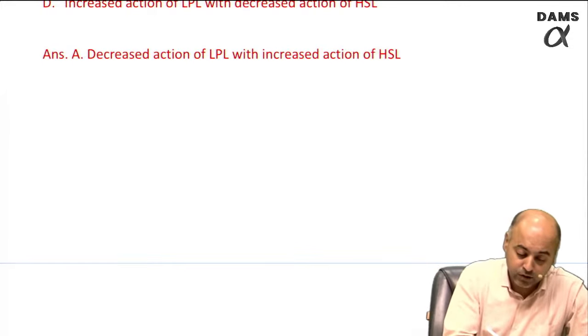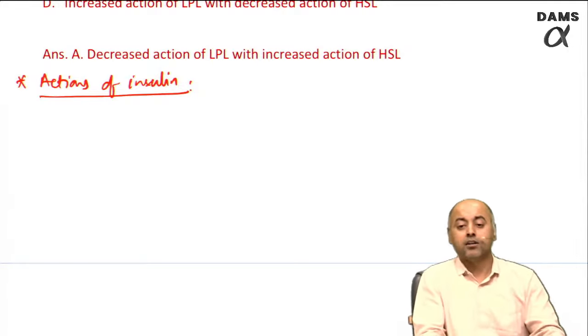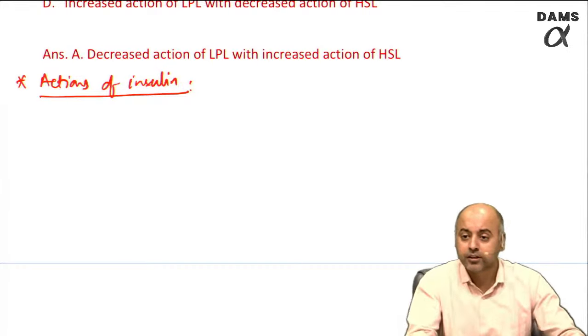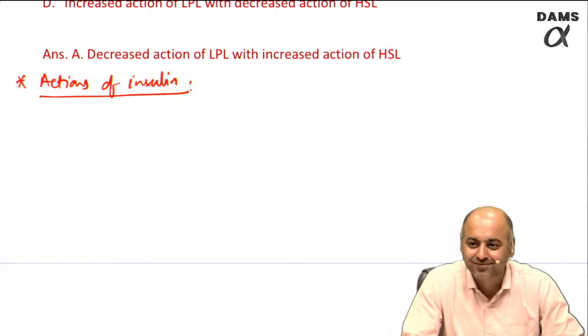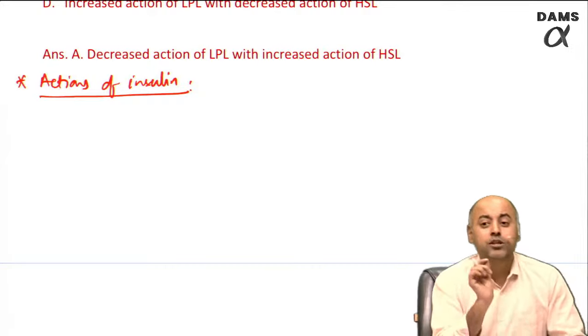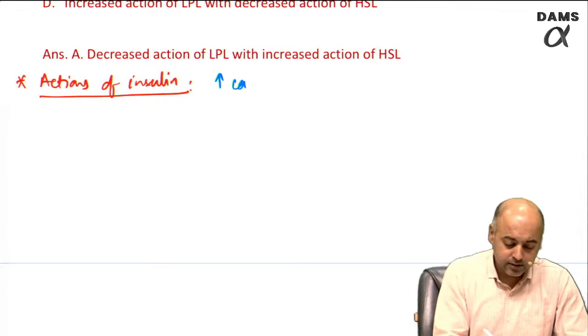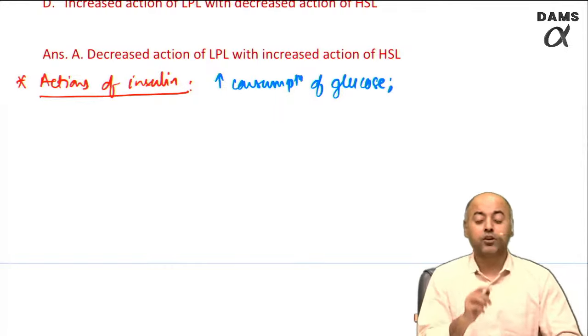So here I would like you to note the actions of insulin. In actions of insulin, there are two things to keep in mind. Number one, insulin will increase the consumption of glucose.